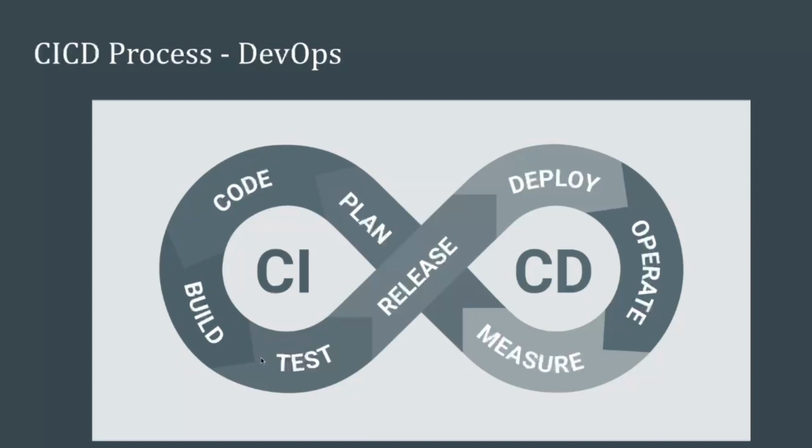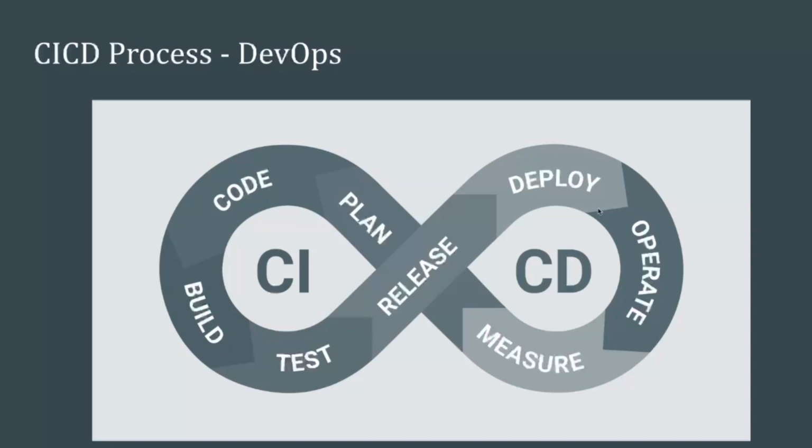We need to test the package, and we test the code. After the test is done, we apply some criteria to our code or perform the unit test or integration test. We need to release our code package into the target environment, and in order to release, we go through the deployment process.